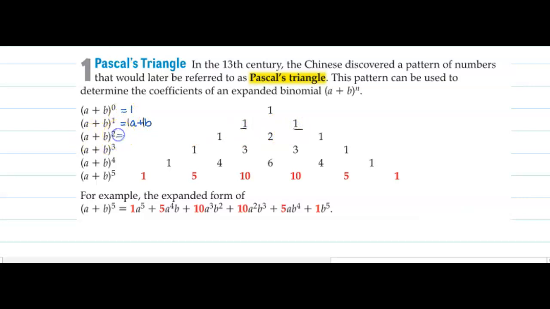If you think back to when you FOIL, that gives us a squared plus 2ab plus b squared. Look at our coefficients again. We have 1, 2, 1. 1, 2, 1, and so on. By using this triangle as our coefficient guide, we can now expand any binomial of this form.